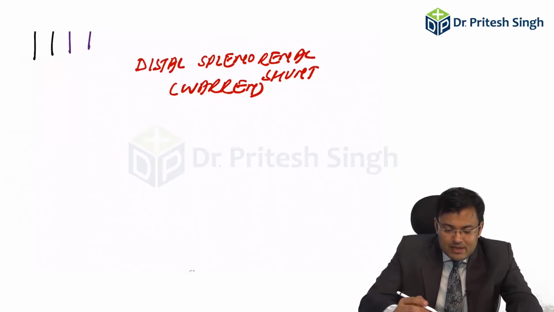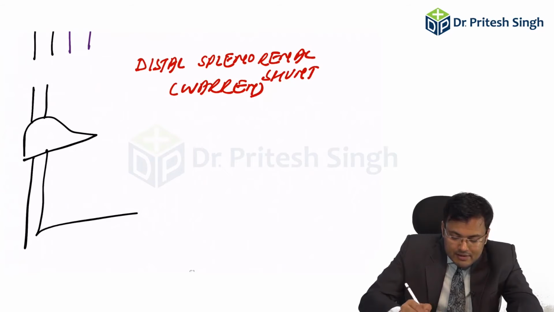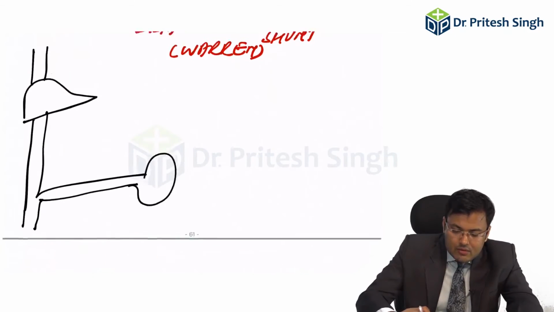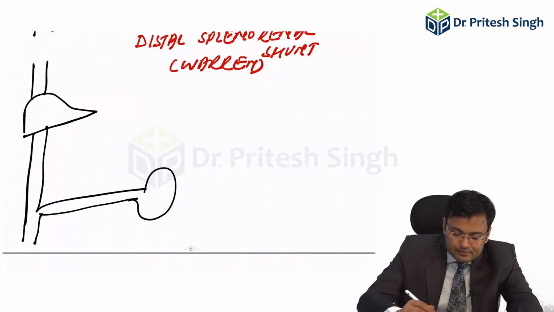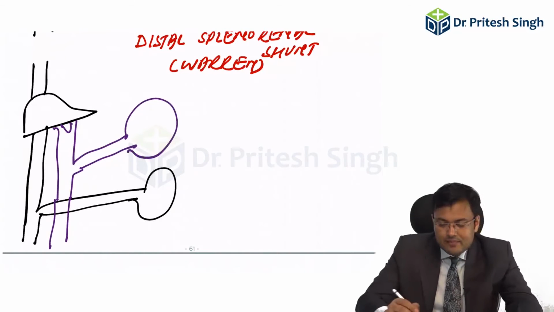Have a look at this simple diagram. Again similar diagram. Liver. This is inferior vena cava. This is renal vein. Now this is portal vein. And this is the spleen.